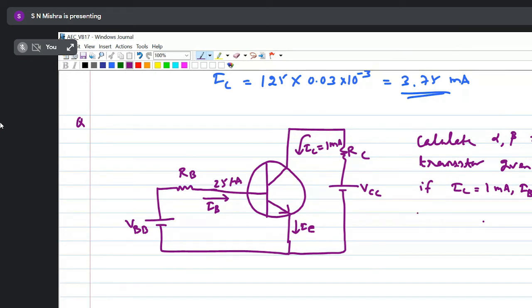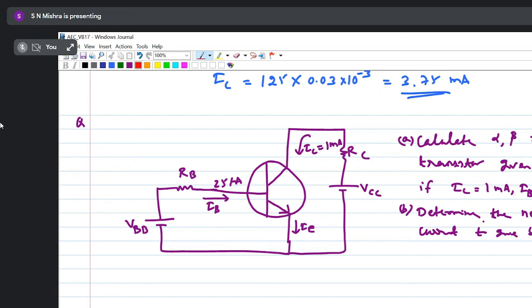This is the first part. Second part, determine the new base current to give 5 milliampere IC. This is part A, this is part B. So how to solve?